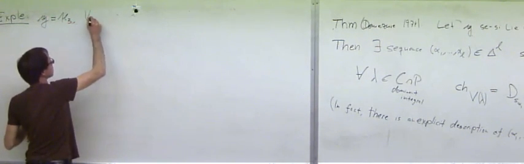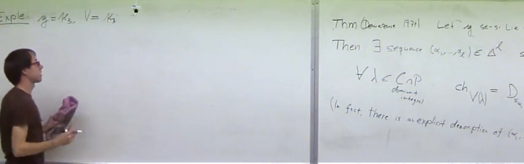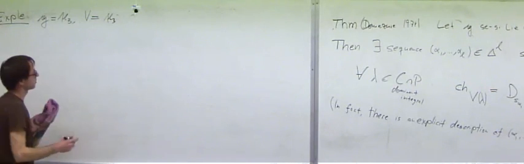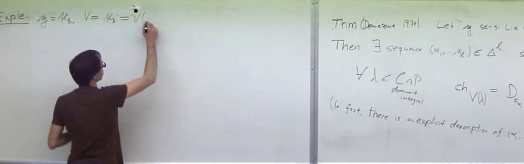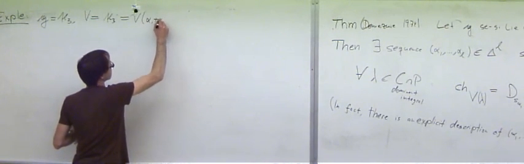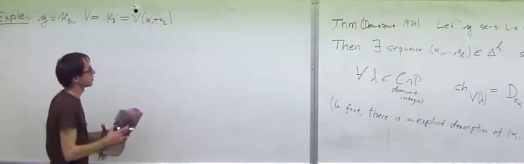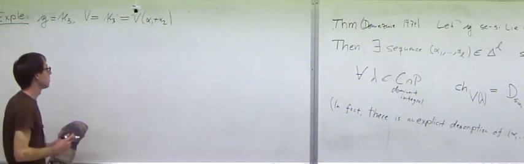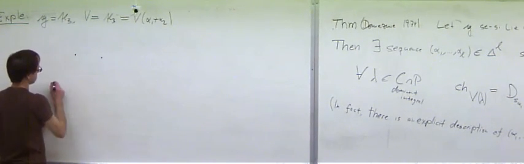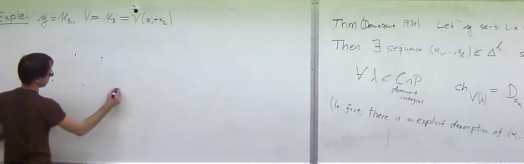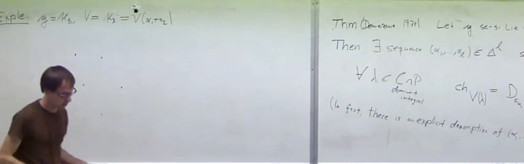The module is also SL3 itself, acting on itself via the adjoint representation. So the highest weight of this is alpha 1 plus alpha 2. So this can be written as V alpha 1 plus V alpha 2. So I draw the root system together with 0 for reference.